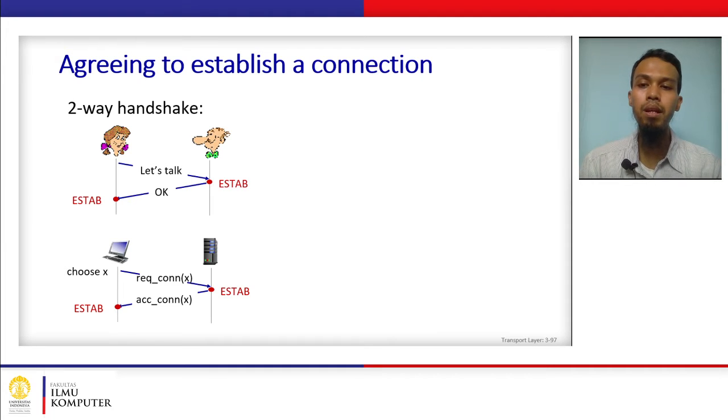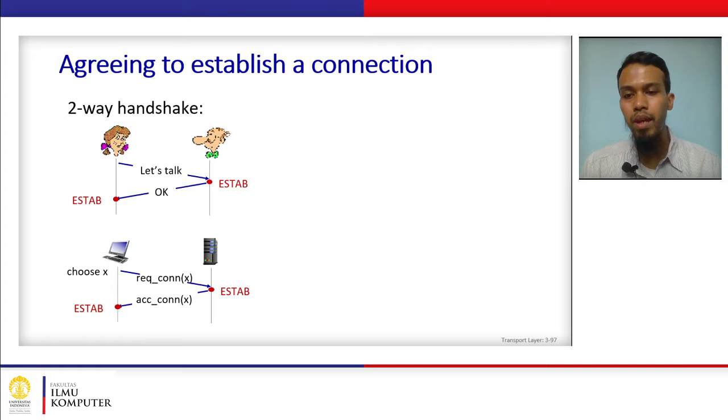Similarly in computer networks, the client can initiate the communication with a request connection message, choosing X as the initial sequence number, and then the server can reply with accept connection, with X as the initial sequence number.